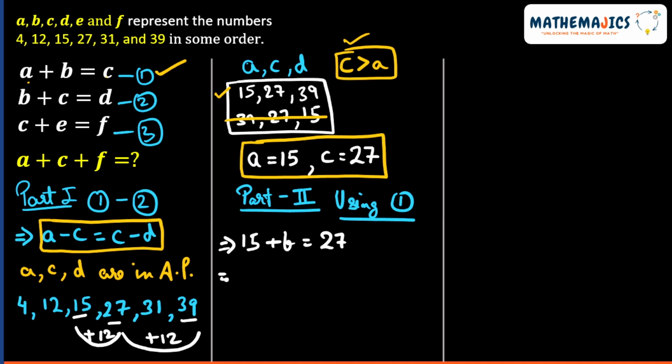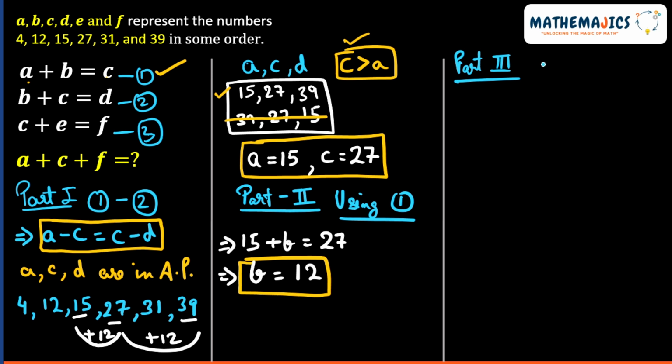From here, we can say that the value of B is 12. So we have found one more variable's value, that is B equals 12. Correct?